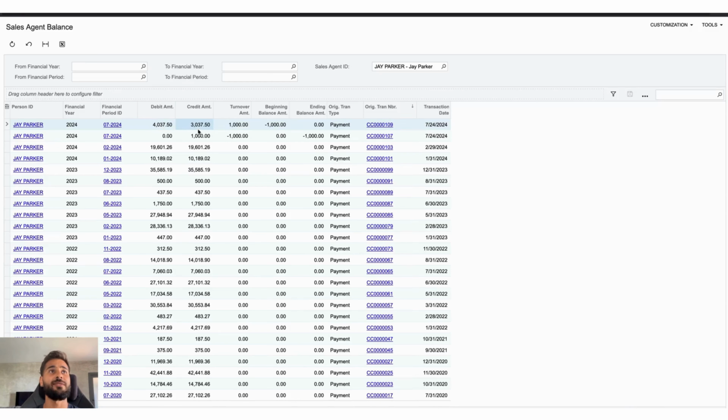The credit is this one, okay? You can see how we are paying him less money than he has earned. We had a turnover that now is positive, okay? This was the balance that he had at the time of processing this payment reference, and now the balance has been cleared, okay? So this is an example of how this works, okay?